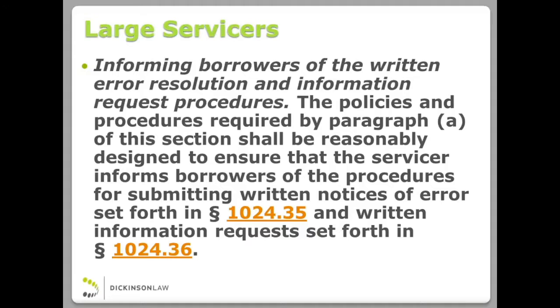So I think if you model it based off of the Reg E and the credit card error and provide that general level of detail, but obviously customize it to the mortgage rules, I think you'll be complying with this. Small servicers, you're not required to do this. This is only for non-small servicers.